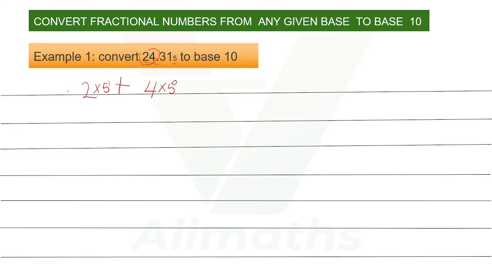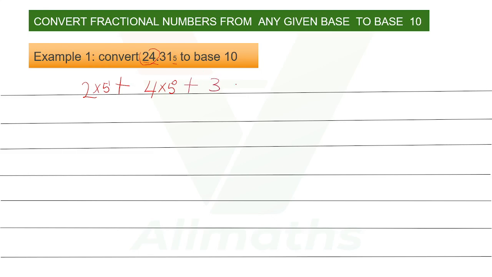If you have more numbers, you continue 0, 1, 2, 3, and continue that way till you get to the very first number. That's for the whole number part. Now let's come to the decimal part. So we have treated 24, 2 and 4. Then we have the point. Of course, we're going to be adding everything together.